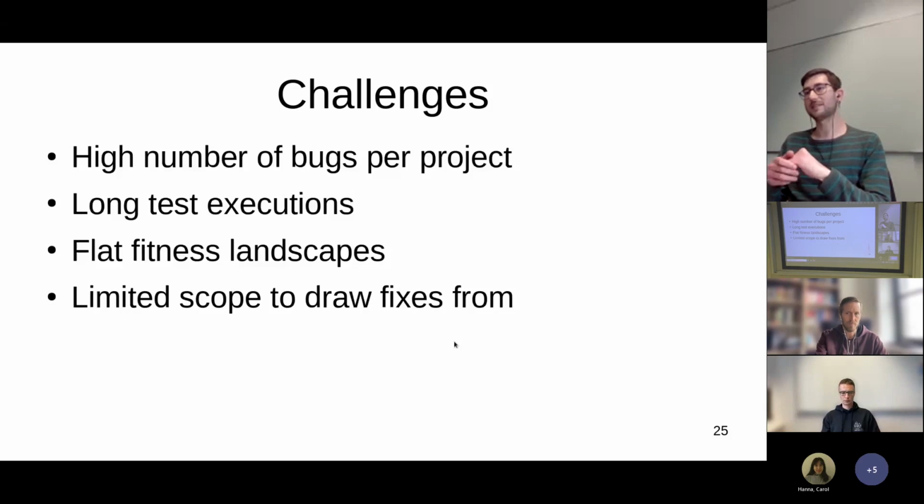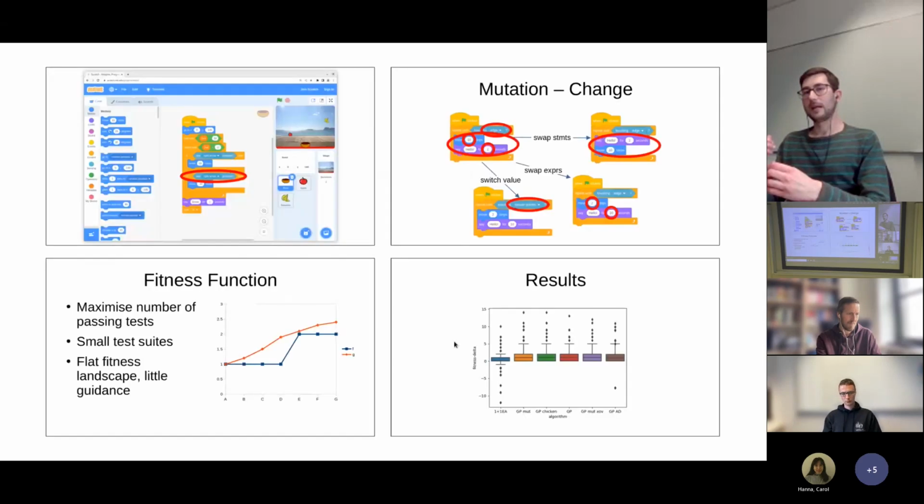We don't have many test cases, and that creates flat fitness landscapes that are deceiving. And another thing is, because the projects are so small and Genproc assumes the fix is already in the project itself, there's a limited scope where we can draw fixes from. And that concludes my presentation.